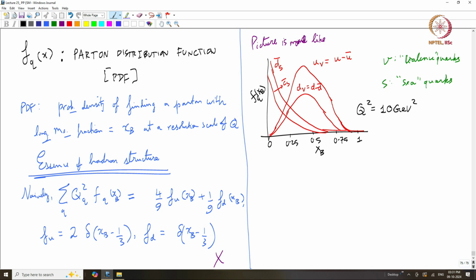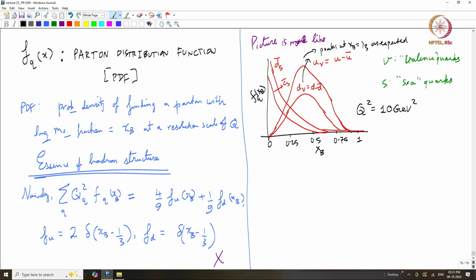Let me also just point out that this peaks at xb equals 1/3. Both these peaks, right, as expected. So, all those nice things have happened, but still something more is going on.